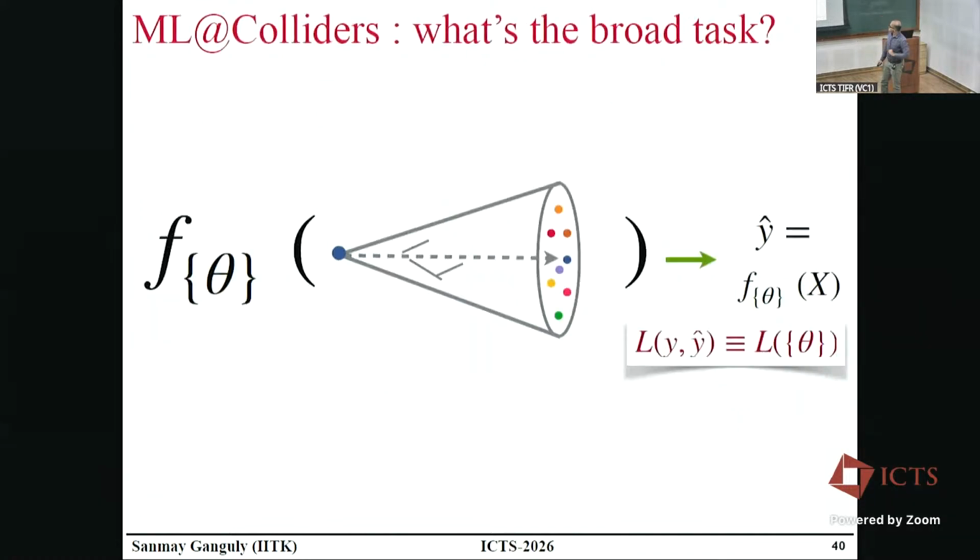So let's try to address this issue conceptually. We now understand what a jet is. Now, what do we mean by machine learning? We always keep in mind that we are talking about complex, nonlinear, parametrized functions. They come with a bunch of parameters. And all we are asking is that these objects have some underlying probability distribution coming from very complex quantum mechanical interactions.